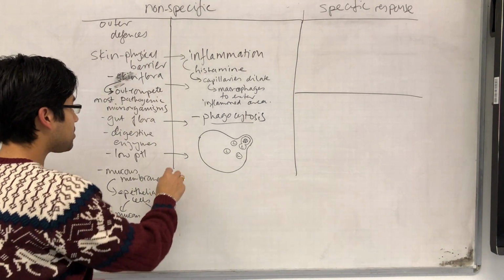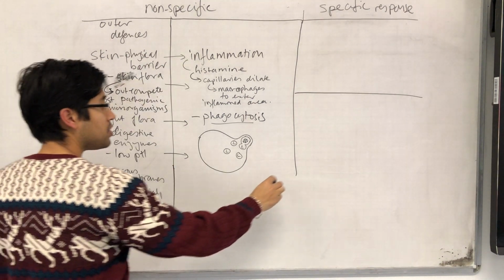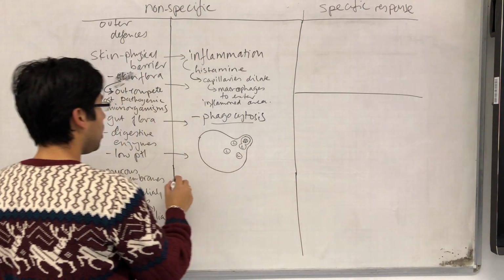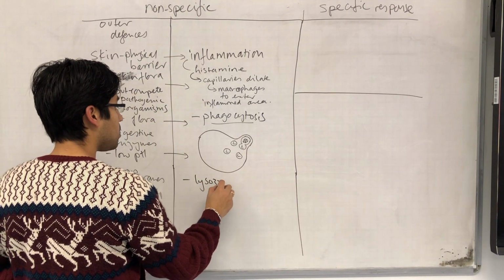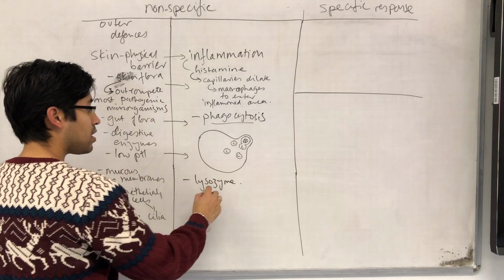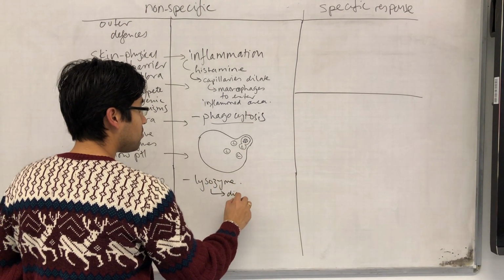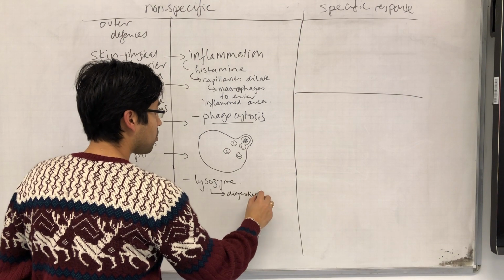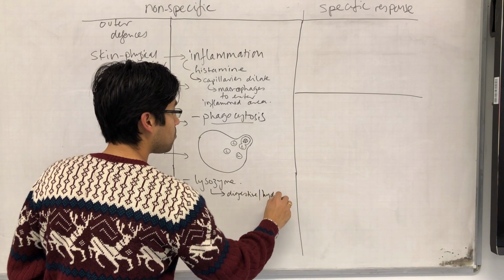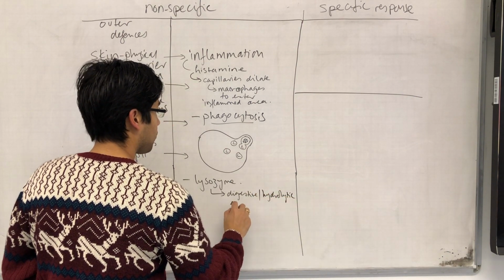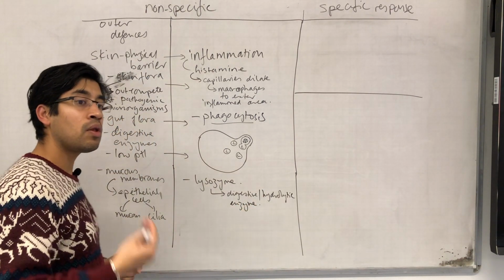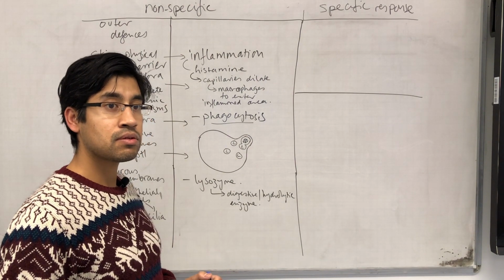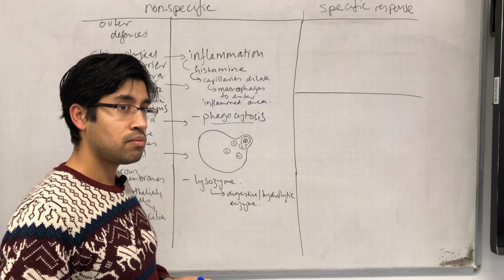Now, other things that also constitute non-specific responses are the production of lysozyme. So lysozyme is basically a digestive enzyme or hydrolytic enzyme, and this breaks down the cell walls of bacteria.